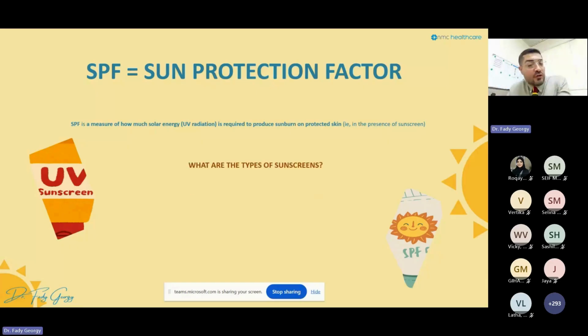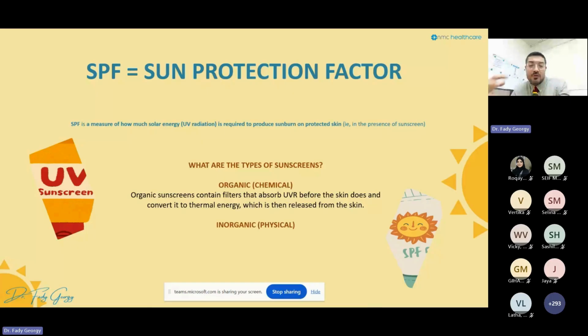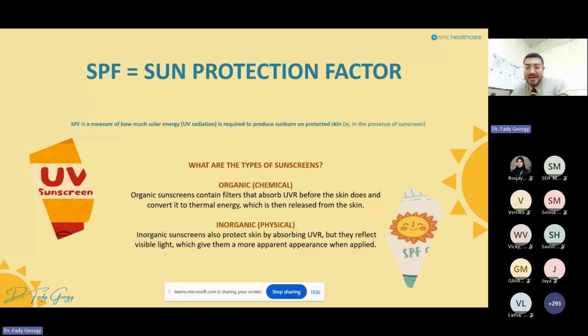What are the types of sunscreens? Sunscreens could be organic or chemical, or inorganic or physical. Chemical or organic sunscreens contain filters that absorb the ultraviolet radiation before the skin does and convert it to thermal energy, which is then released from the skin. Whereas inorganic or physical sunscreens protect the skin by absorbing the ultraviolet radiation, but they also reflect visible light, which gives them a more apparent appearance when they are applied.